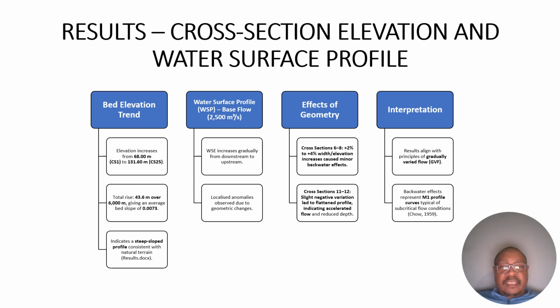And on the results, after the software has been used, based on the cross sections and elevations of the water surface profile, bed elevation, and then this is the output from cross section 1 to cross section 25. And then in terms of the total rise, there's about 43.6 meters.